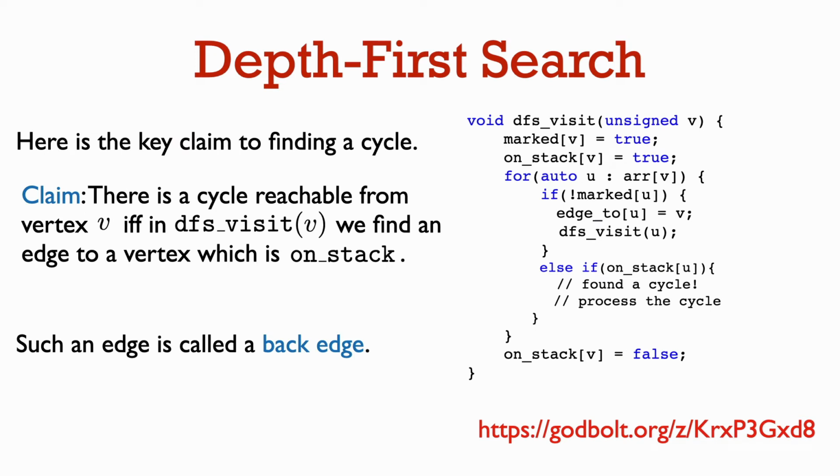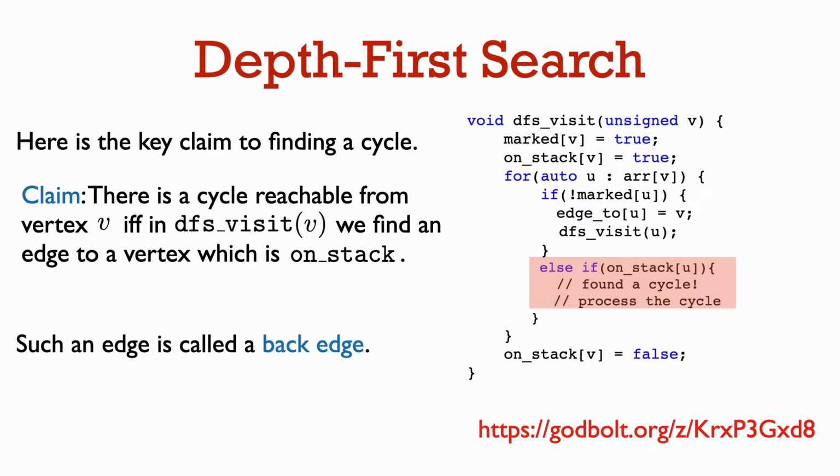So the claim is that if during depth first search, we find a neighbor of a vertex that is on stack, so for which on stack is true, then we have found a cycle. So there's just a small addition here that we need to make to the code.